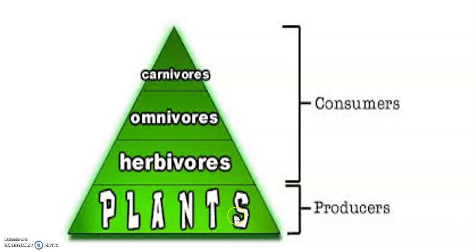So plants are at the base of the triangle, showing that they are the largest in number. And then plants become food of herbivores, meaning herbivores depend on the plants directly to survive. Whereas carnivores and omnivores directly or indirectly depend on the plants, because some of them are going to eat only the herbivores, and omnivores are going to eat both plants and herbivores.